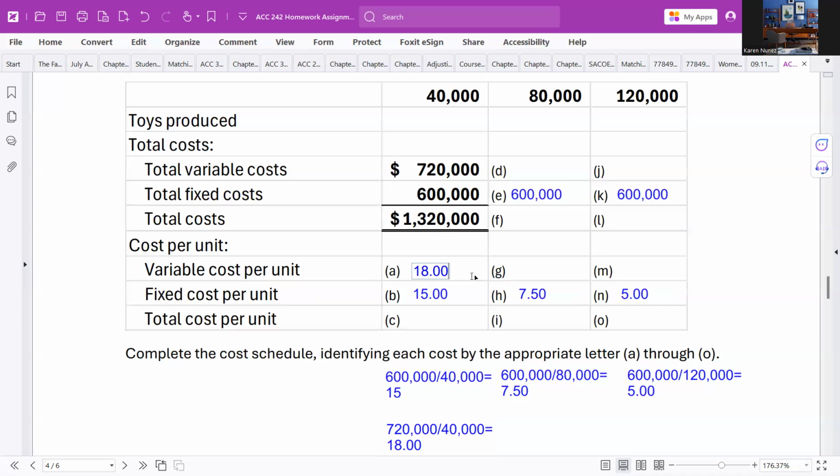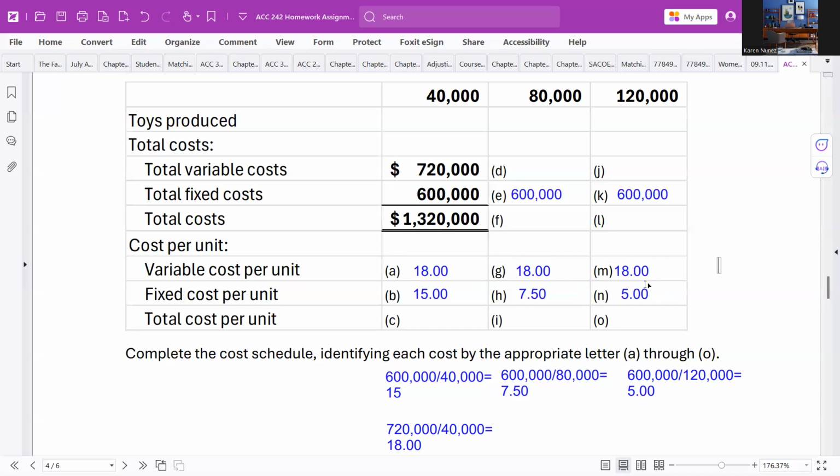And what we know about variable costs is they are constant on a per unit basis. So if they're $18 here when we produce 40,000 units, they are also $18 when we produce 80,000 units. And when we produce 120,000 units, again, they are $18 because variable costs are constant on a per unit basis. So if they're 18 here, they're 18 here, and they're 18 here.